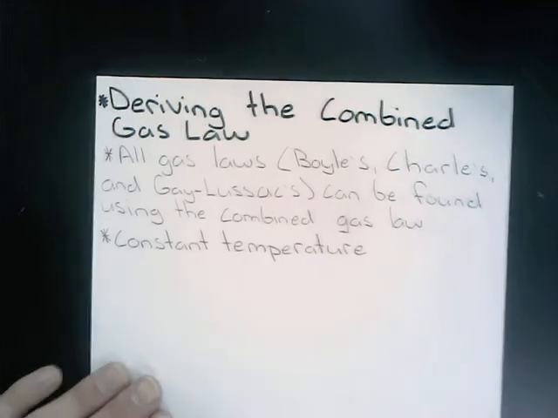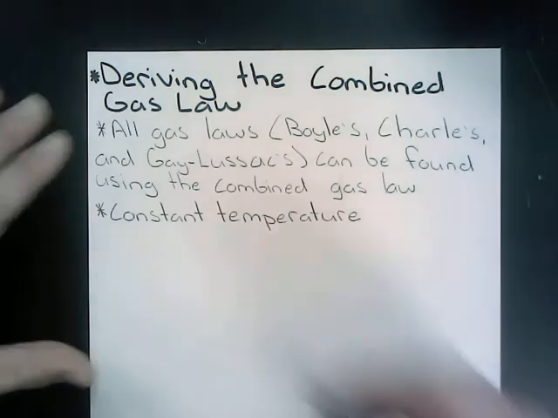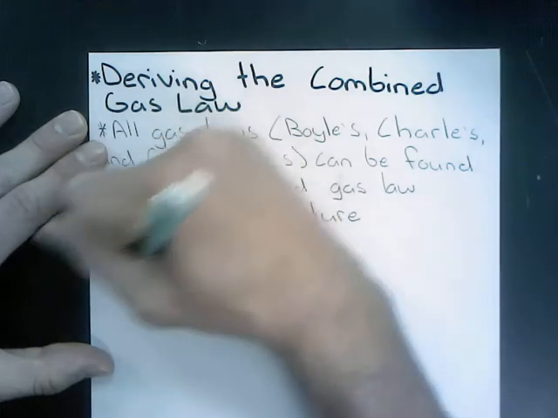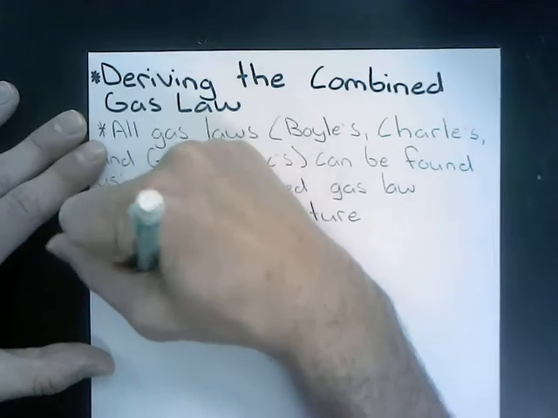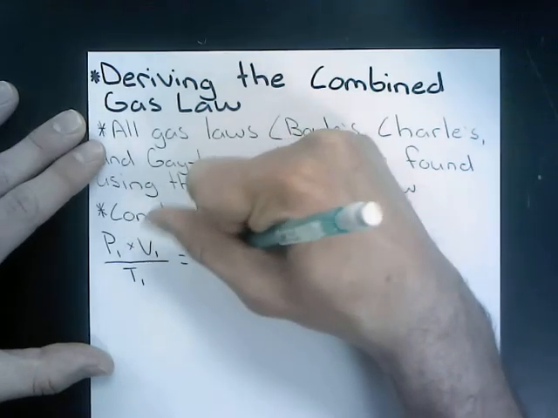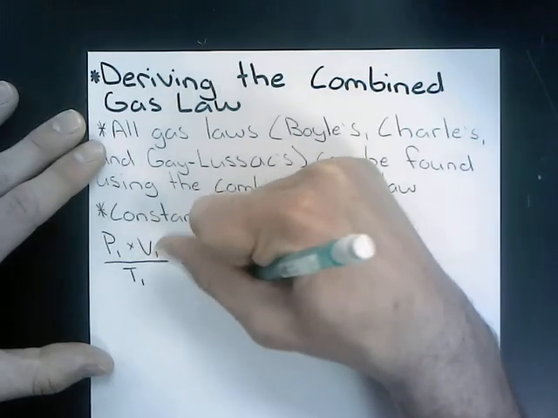What this means with our combined gas law is this. I'm going to start out by writing the formula: P1 times V1 divided by T1 equals P2 times V2 all divided by T2.